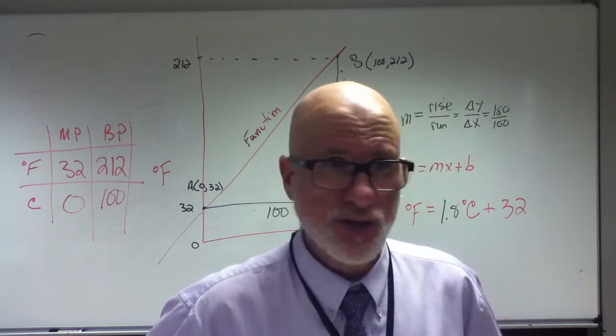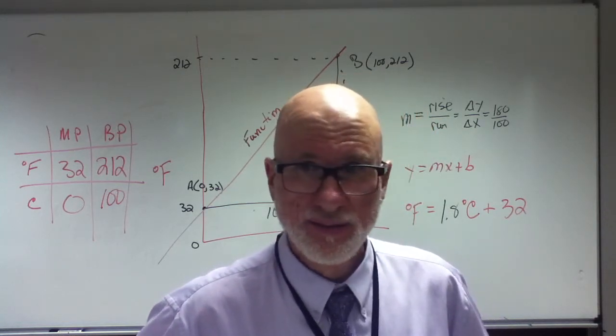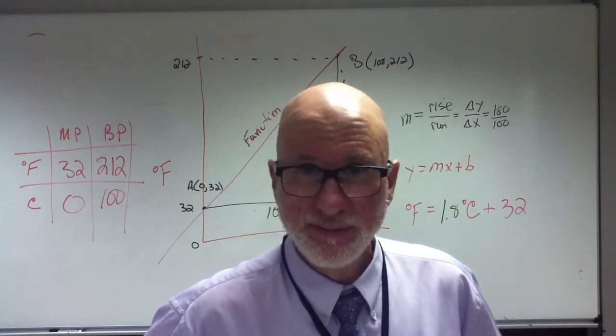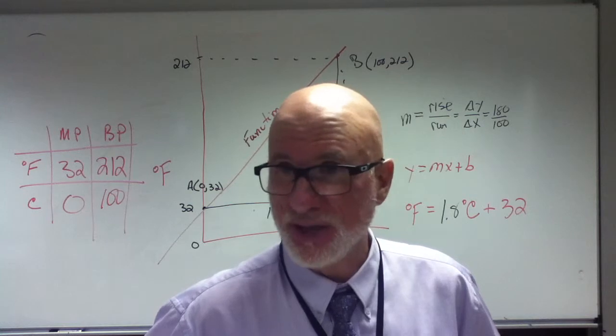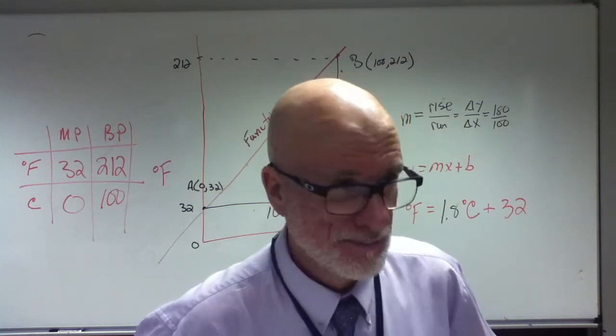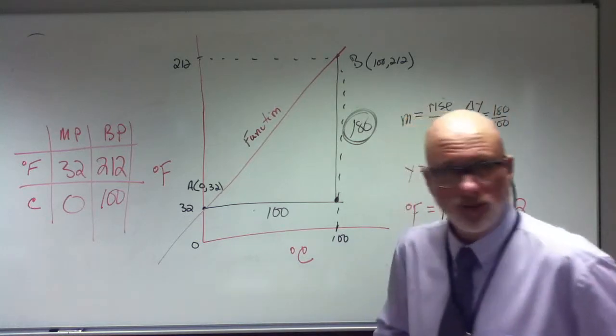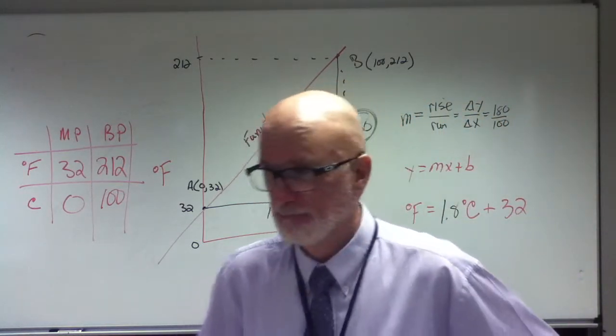How many graduations are there between freezing and boiling for Celsius? 100. Yeah, it's almost 2 to 1. So closer graduations mean essentially more accuracy, more precision, right? But we don't use Fahrenheit, do we? We use Celsius. Clear? Okay.